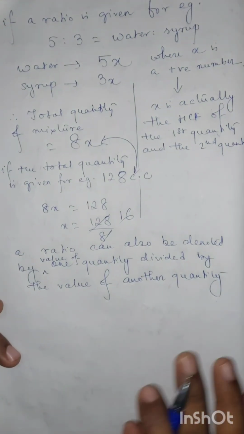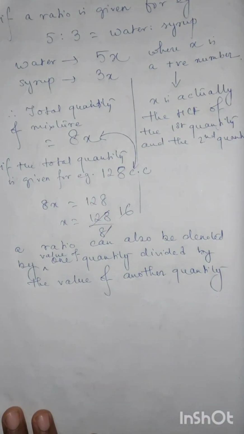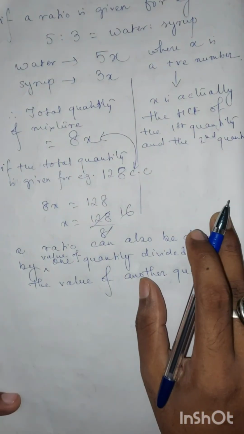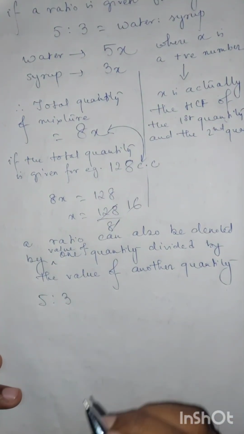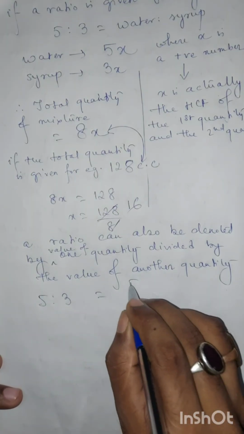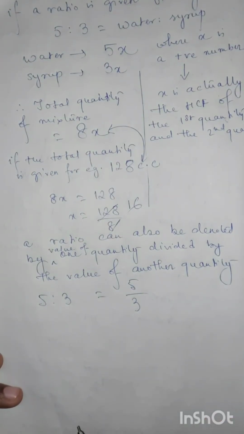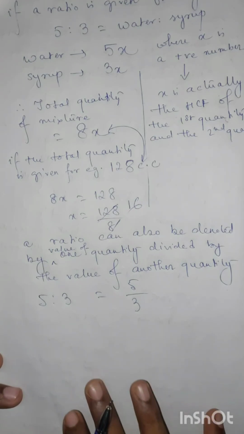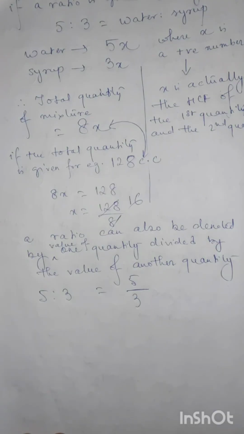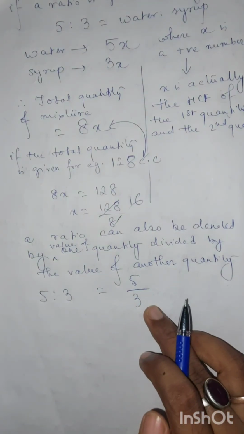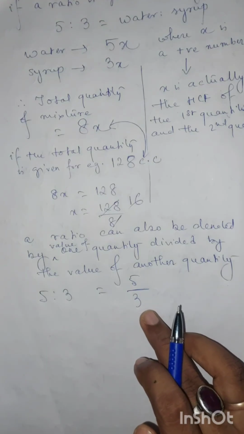A ratio can also be denoted by the value of one quantity divided by the value of another quantity. That means in this case we have discussed 5 is to 3, so 5 is to 3 can also be written as 5 by 3. When we find a ratio of similar quantities, then the units get cancelled. So a ratio has no unit.